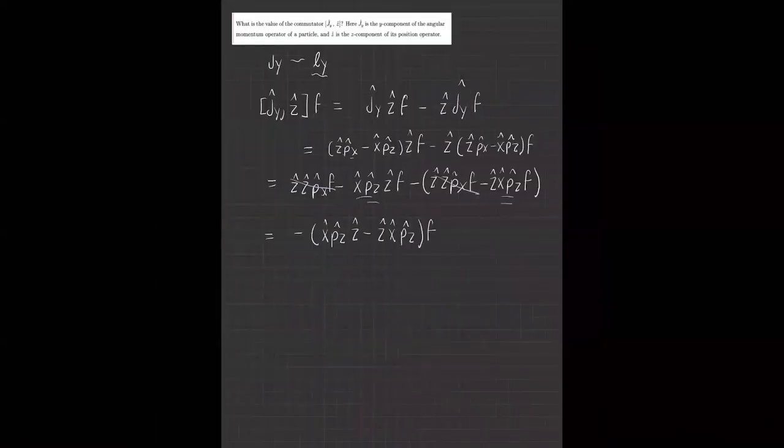So this is just, if you simplify out the x, then this is just pz, pz. And this is just a commutator for pz and then z. And this is just going to be IH bar.